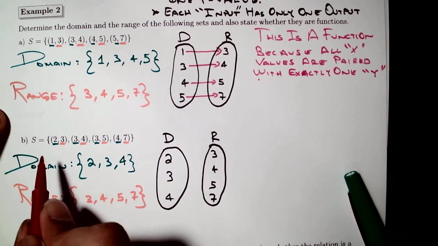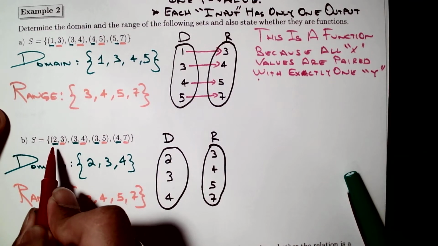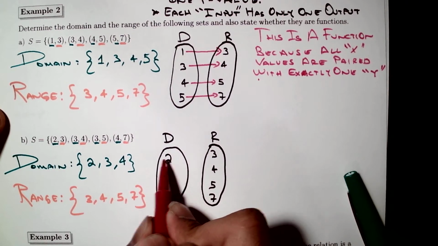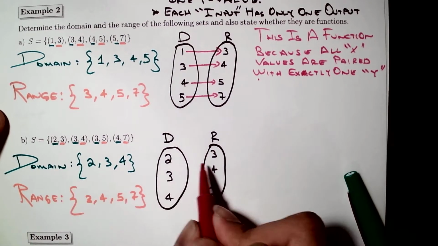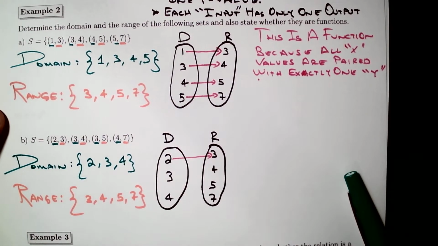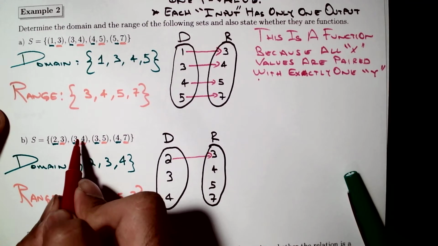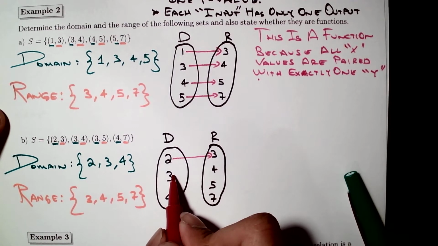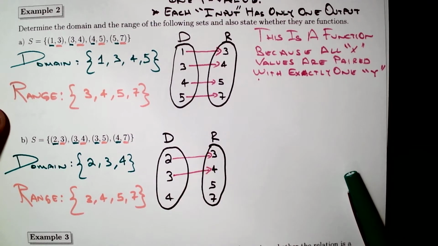You will see. The first ordered pair is telling us to make a correspondence from the x value of 2 to the y value of 3. The second ordered pair is denoting a correspondence of the x value of 3 to the y value of 4.